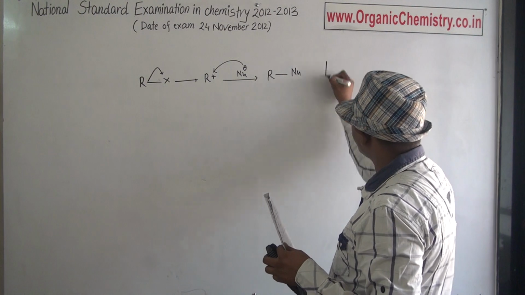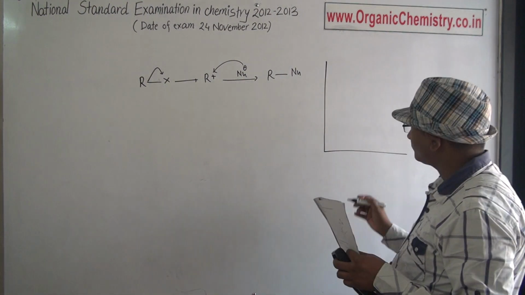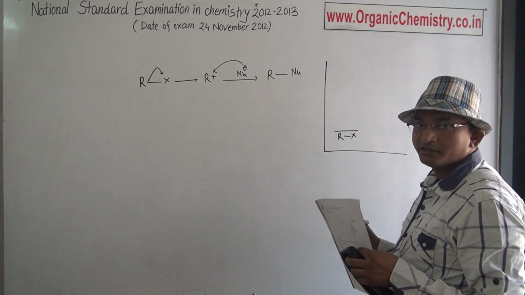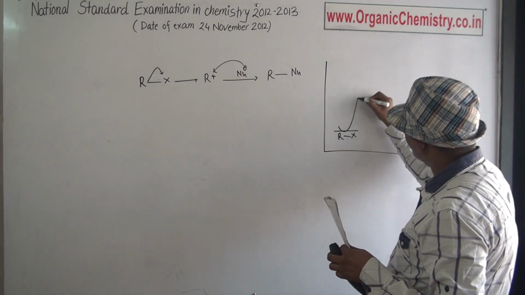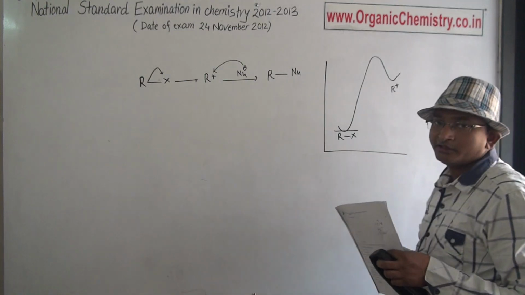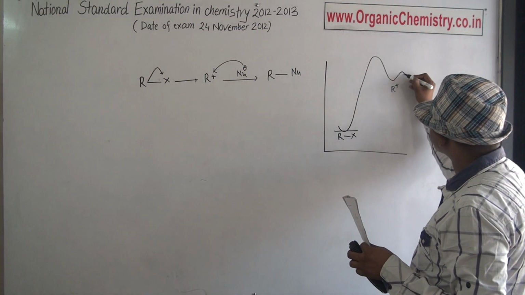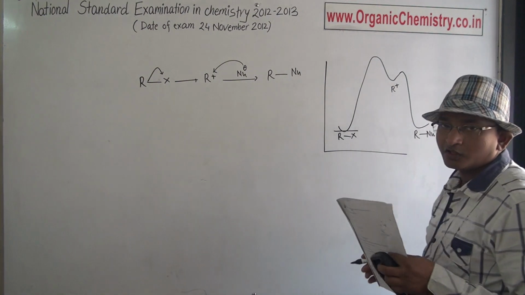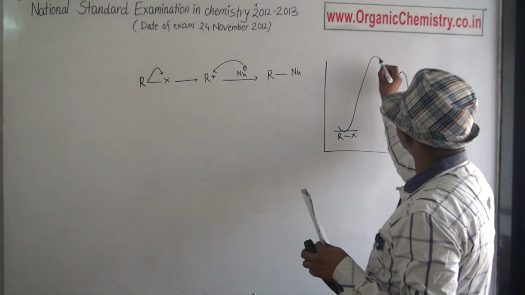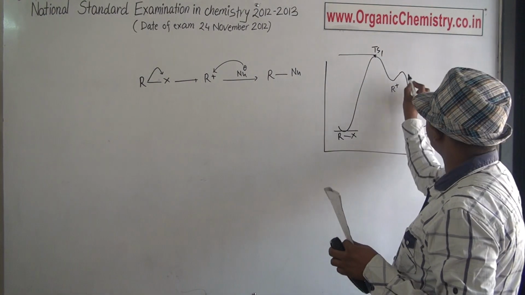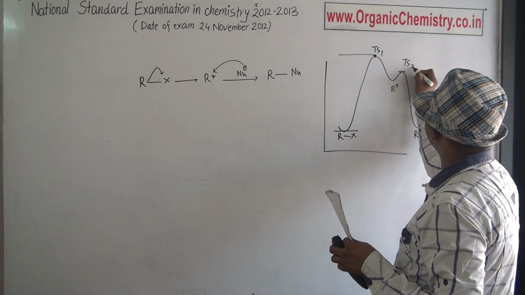When you make a reaction profile accordingly, here substrate R-X is there, it will take some activation energy and form carbocation, and finally the nucleophile will attack this carbocation and R-Nu as a product is obtained. So first activation energy means first TS, and second activation energy means second TS.